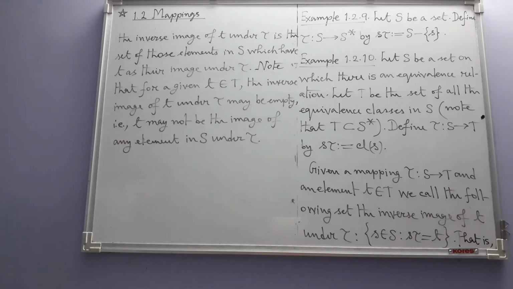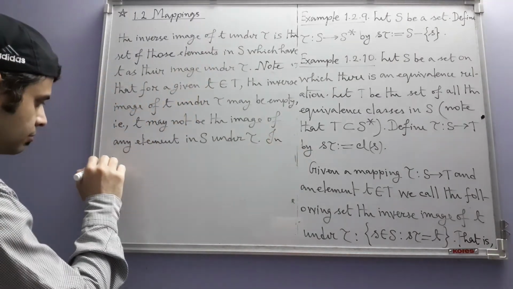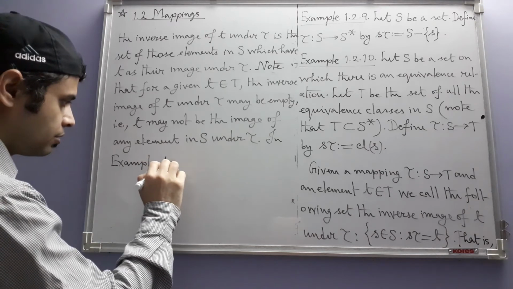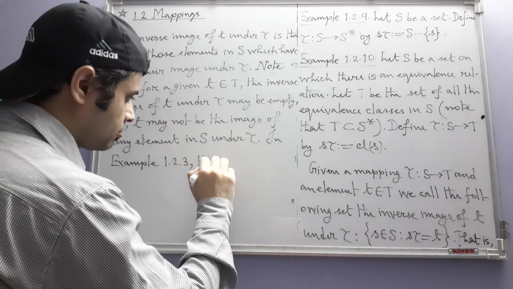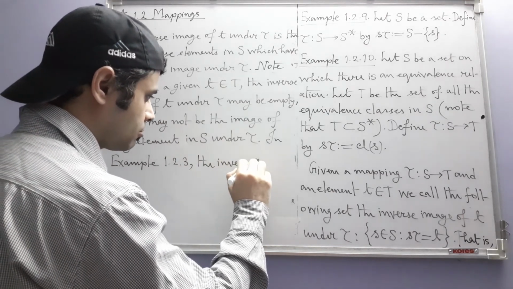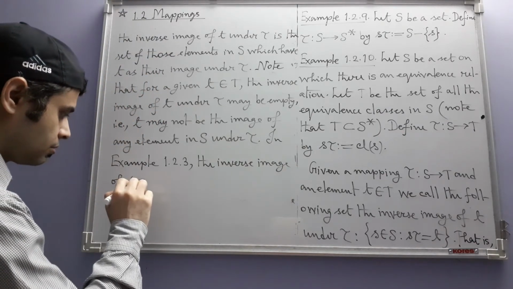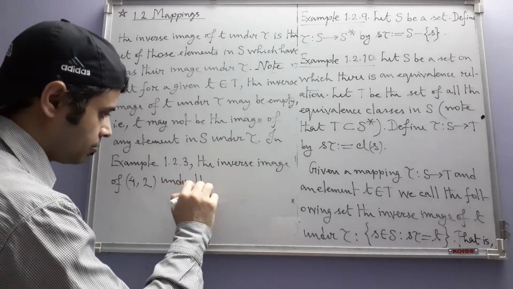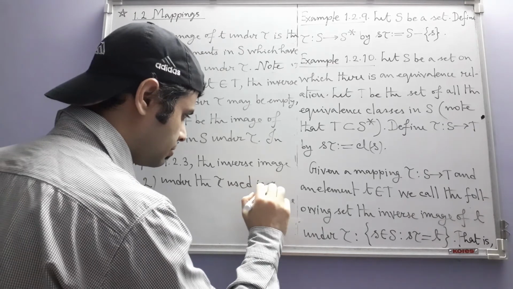In the third example that we have seen, such a situation occurs. In example 1.2.3, the inverse image of this ordered pair under the mapping used is empty.